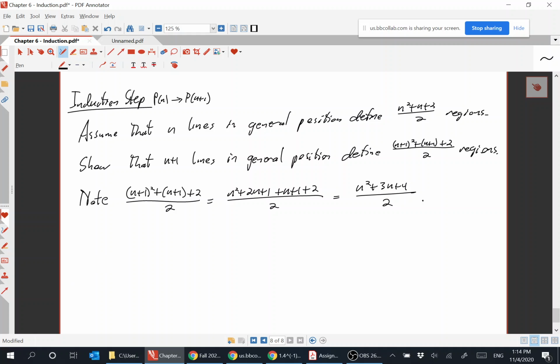So what should I do now? Let L be what? Pick a number that's going to do what we want. We want to prove something about n plus 1 lines.